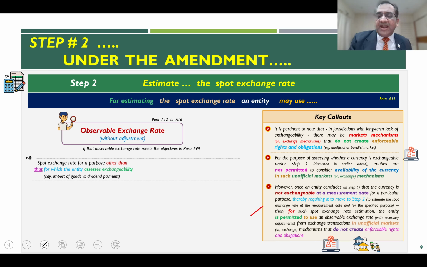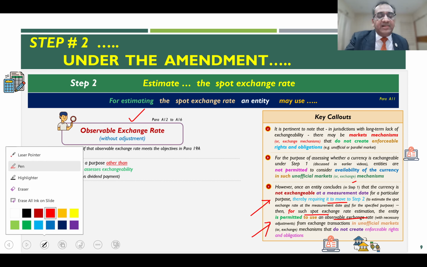We have already explained that once an entity concludes in step 1 that the currency is not exchangeable at the measurement date, thereby requiring you to move to step 2, then when estimating the spot rate in step 2, the entity is permitted to use an observable exchange rate.